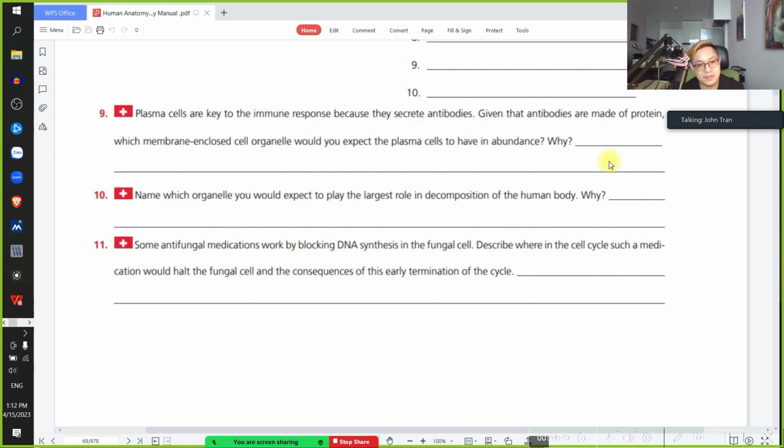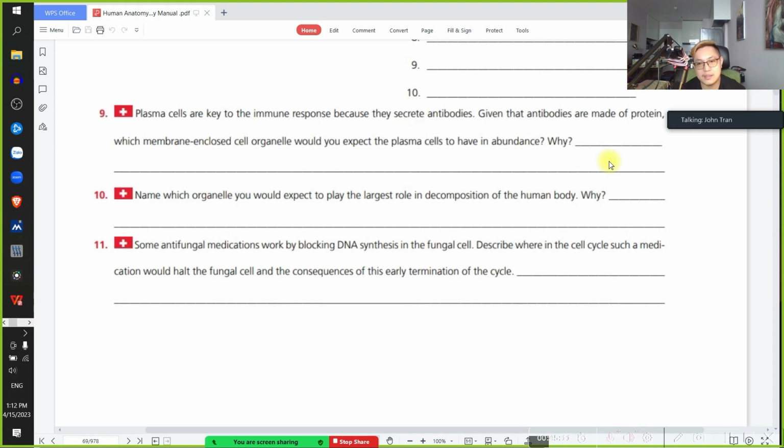Number 11. Some antifungal medications work by blocking DNA synthesis in a fungal cell.